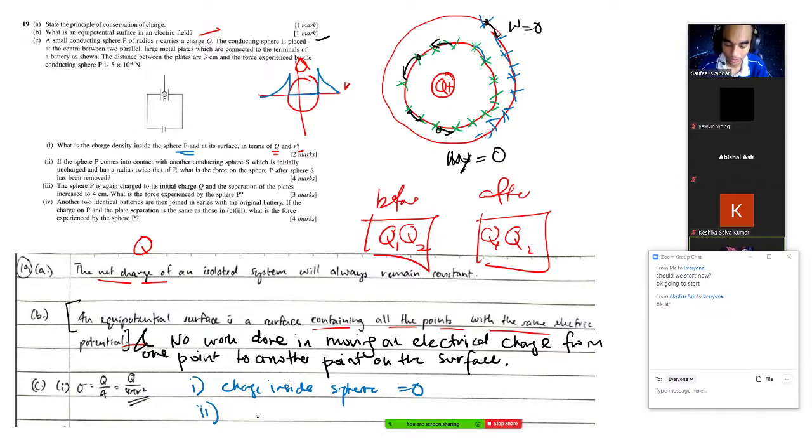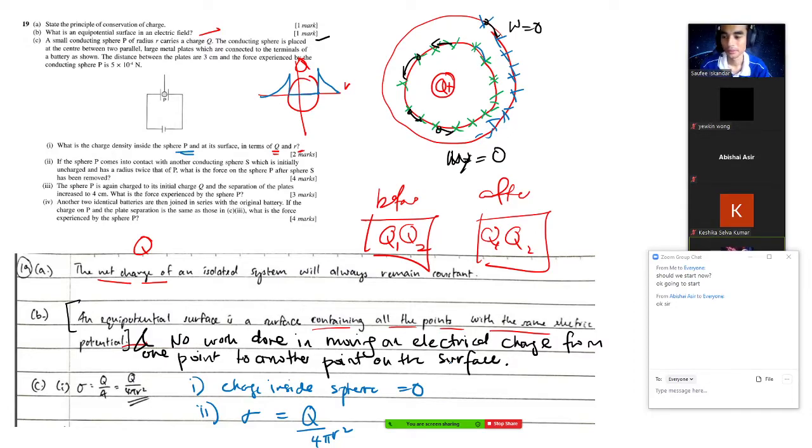You have a charge Q, charge density sigma equals Q over 4 pi r squared. You can use Gauss's law to derive the surface charge. We call this the charge density on the surface.